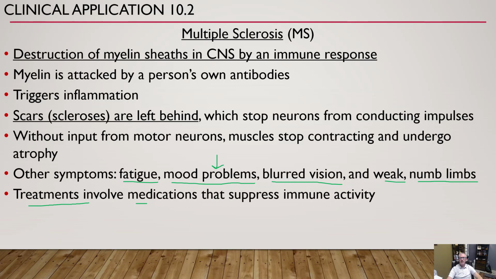So one of the treatments, actually, my sister has MS, and she's in remission right now. And she went through a study that involved bee stings. She went through a clinical trial phase where she would be stung by bees.